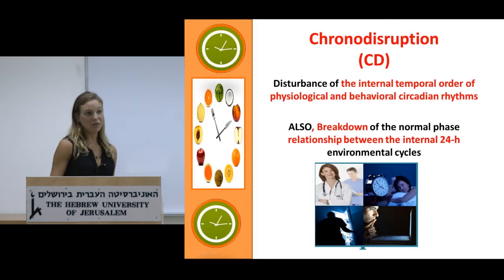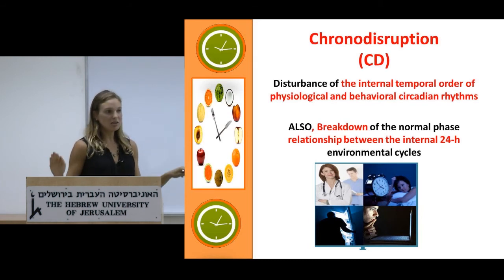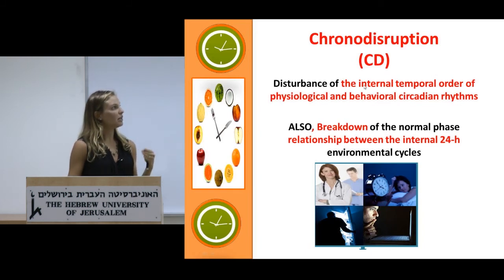Then what happens if we have some kind of desynchronization? We can cause a chronodisruption, where our rhythms just lose the normal pace. Disturbance of the temporal internal order of physiological and behavioral circadian rhythms is what we call chronodisruption. But also it is the breakdown of the normal phase relationship between the internal and the 24-hour environmental cycles.